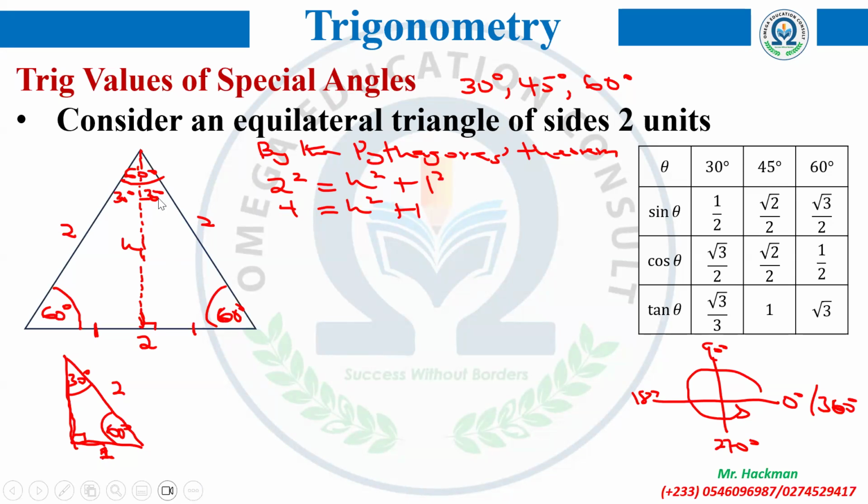But relative to the angle 30 degrees, it is not the adjacent. Remember, I've told you the adjacent and the opposite are not fixed. The only one which is fixed is the hypotenuse. So if you are mentioning adjacent or opposite, let me know the angle that you are referring to, because that is always relative to an angle.